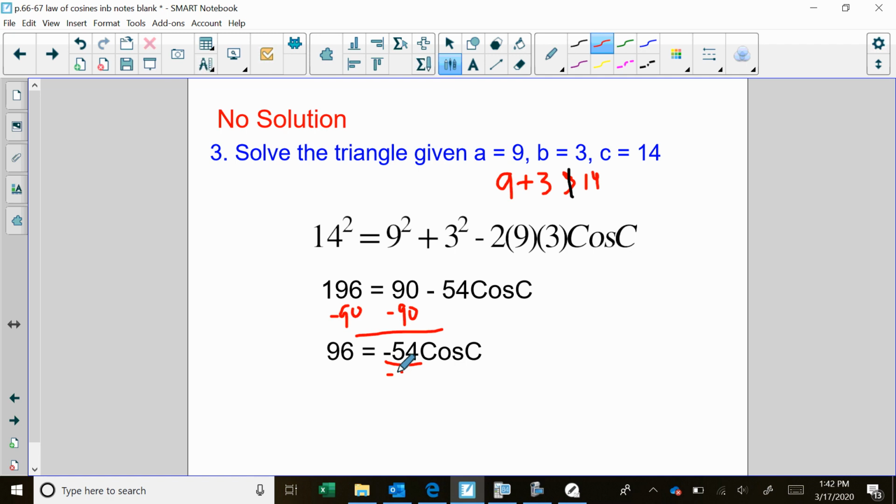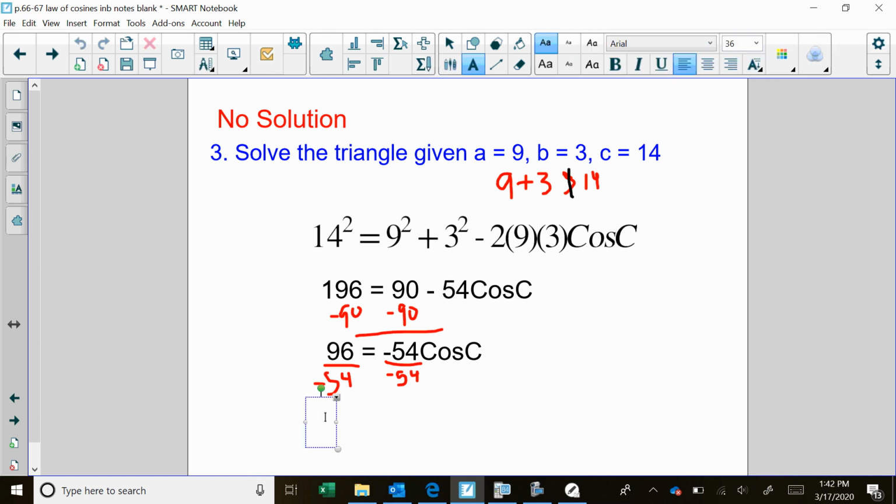Divided by negative 54, you're going to get a value that's larger than 1, outside the unit circle. So 106 divided by negative 54 is about negative 1.96.